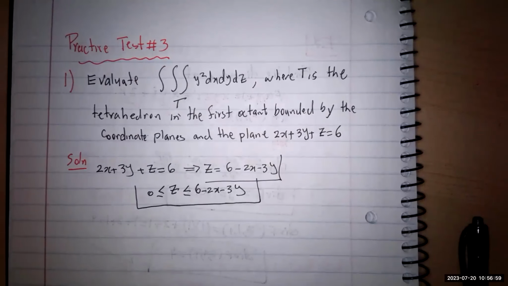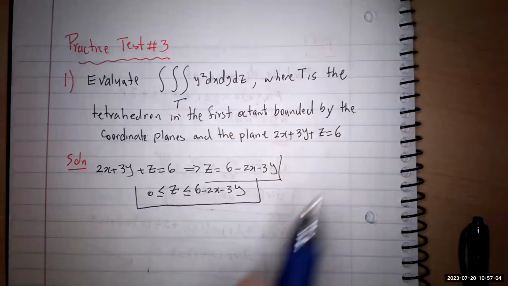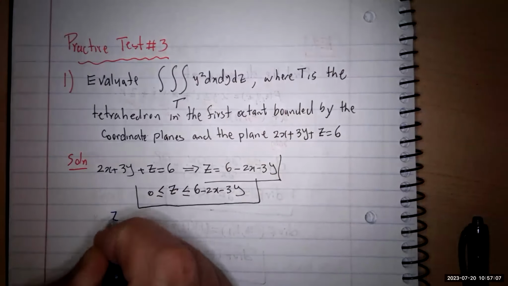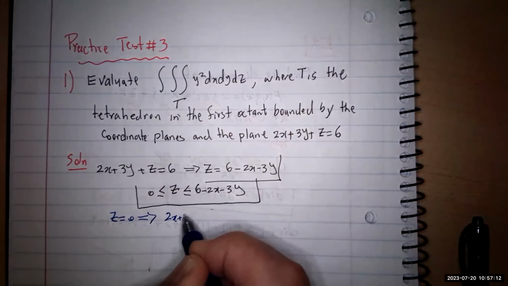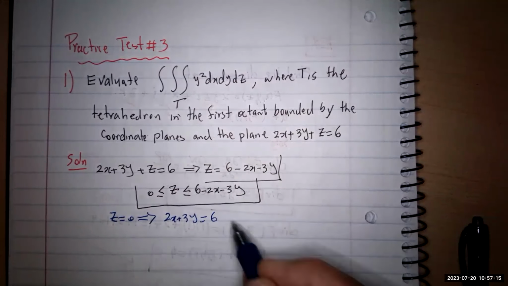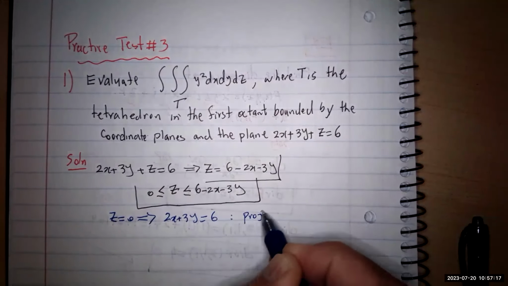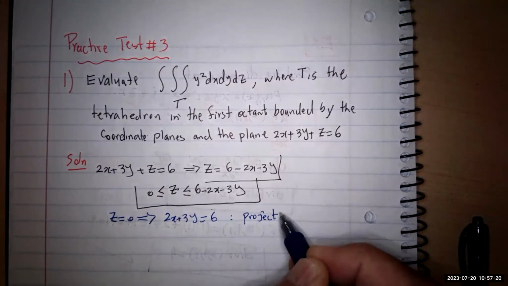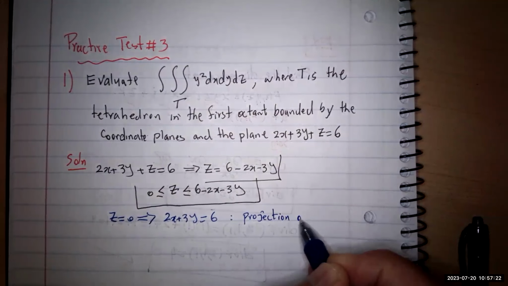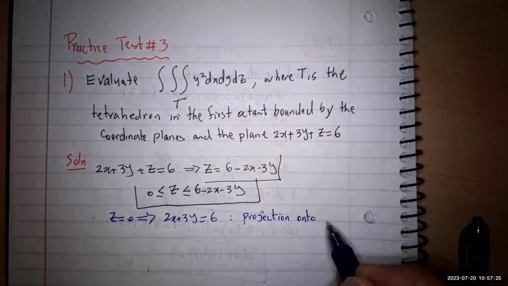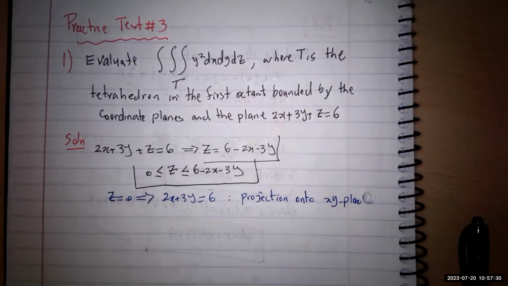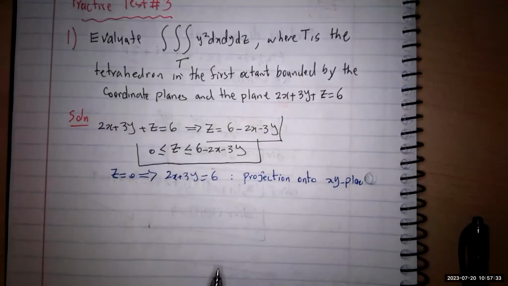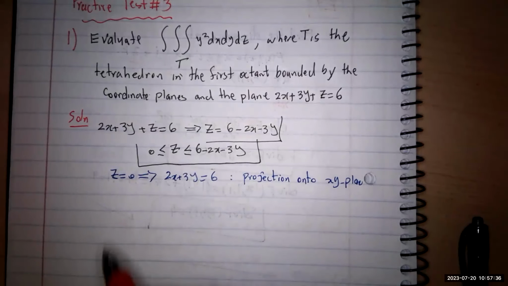Now drop it down into two dimensions to get the other two limits. So put z equal to 0, and you end up with 2x plus 3y equals 6. This is the projection onto the xy plane, two-dimensional. To graph it, just find the intercepts.